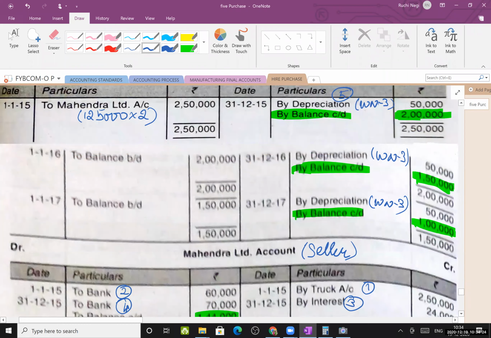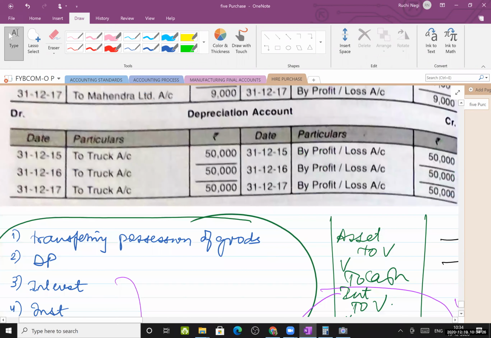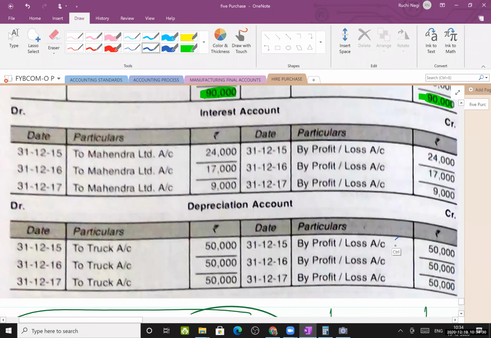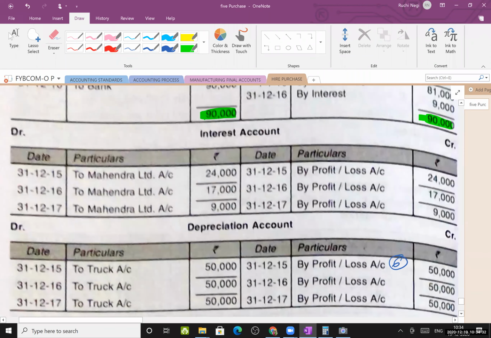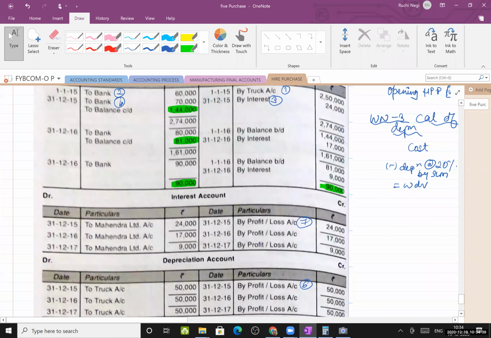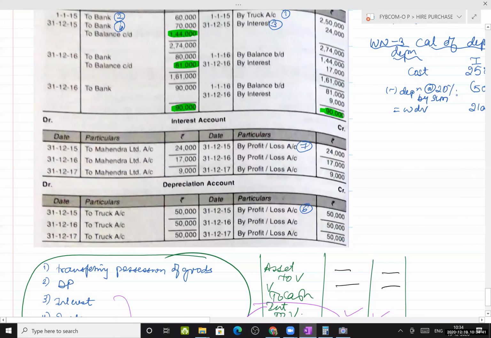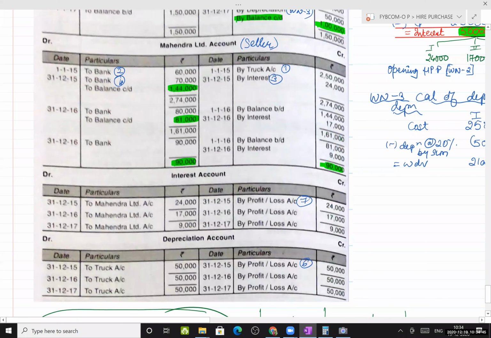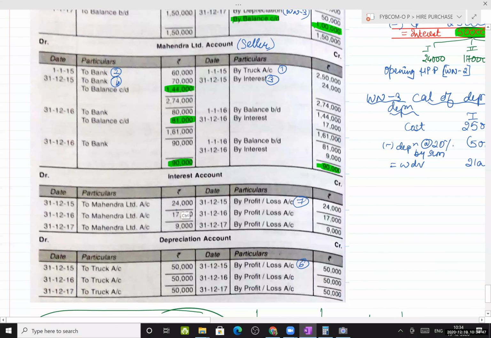Then journal entry number 6, transfer depreciation, close depreciation, journal entry number 7, close interest, like this. Interest account, see, it will tally. I'm double underlining it so you'll understand.